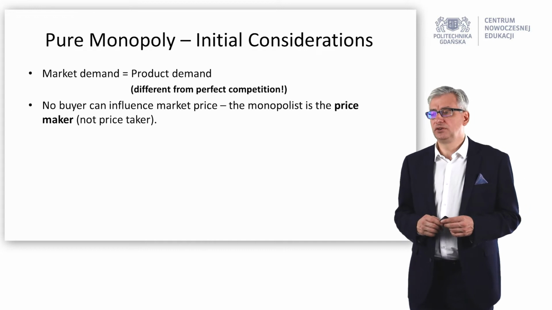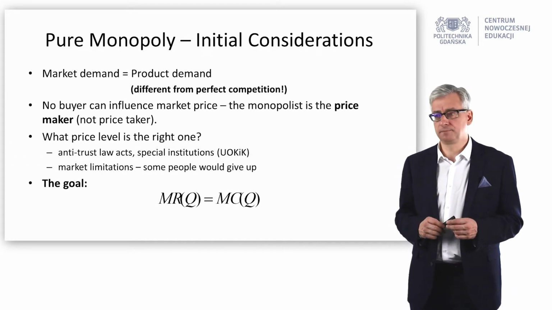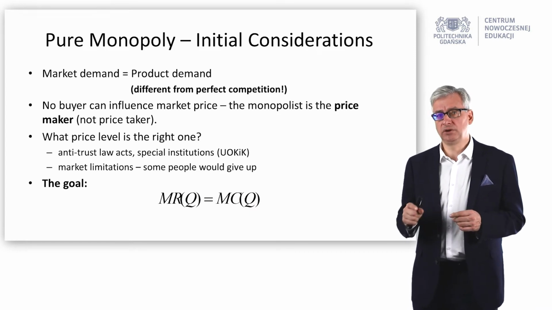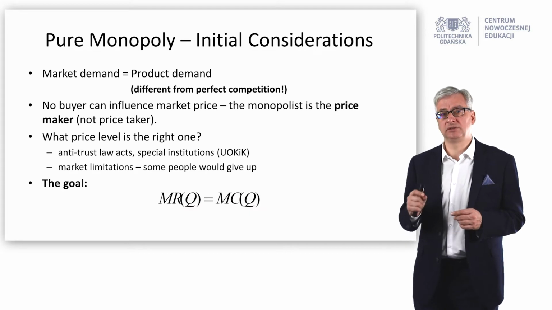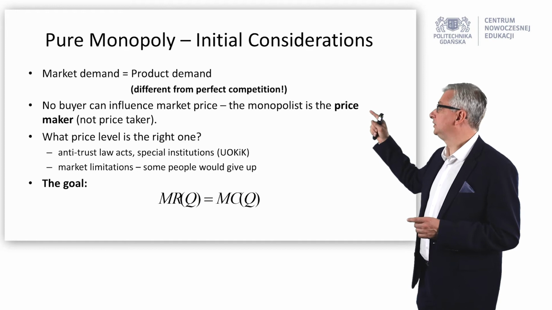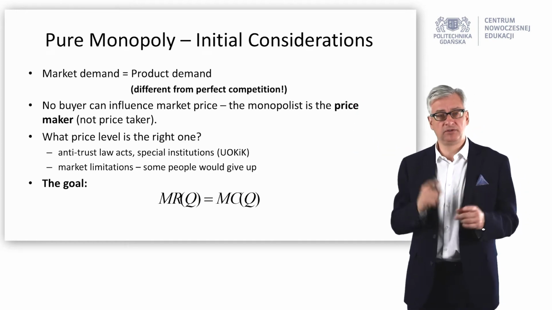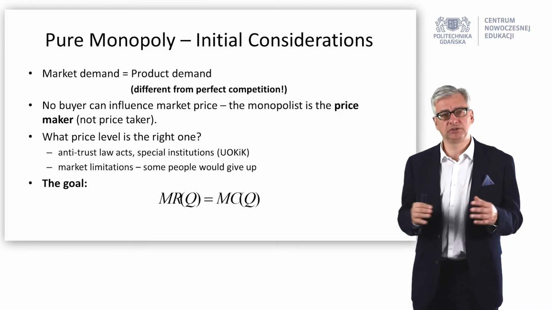Some initial considerations with regard to pure monopoly. First of all, we need to acknowledge that there is equation between market demand and product demand. And this is very much different from perfect competition market.